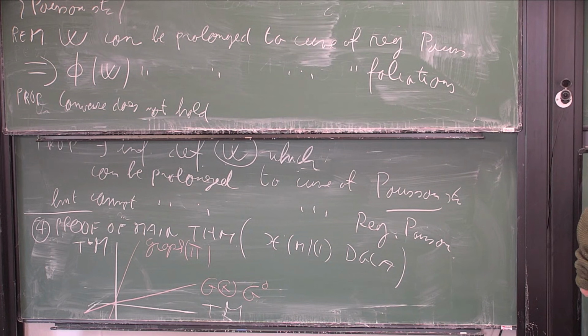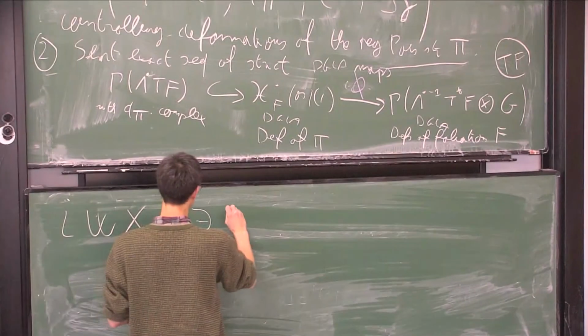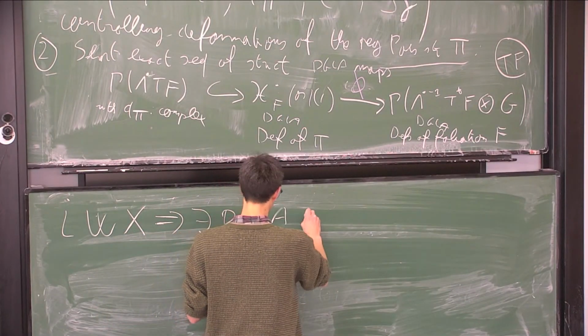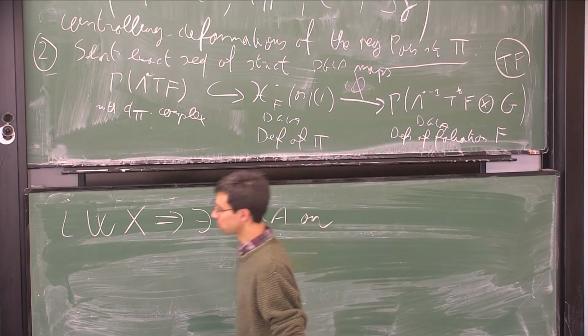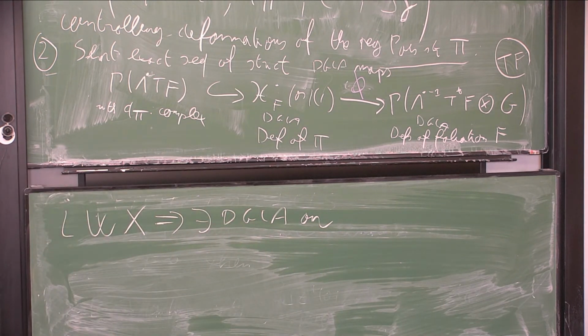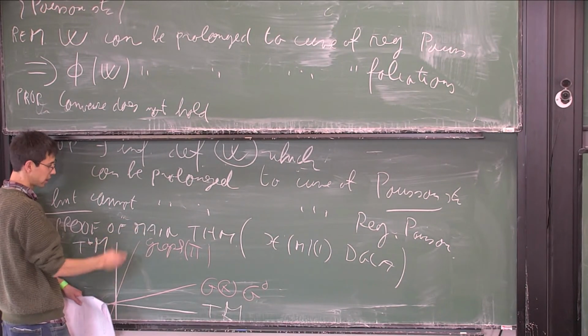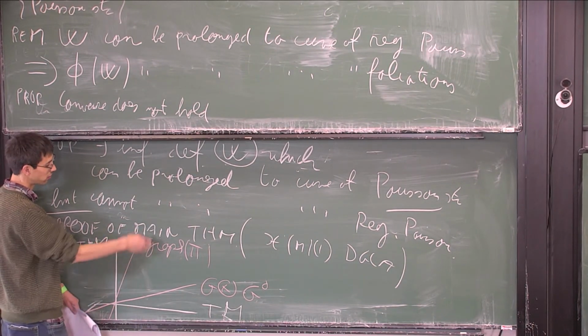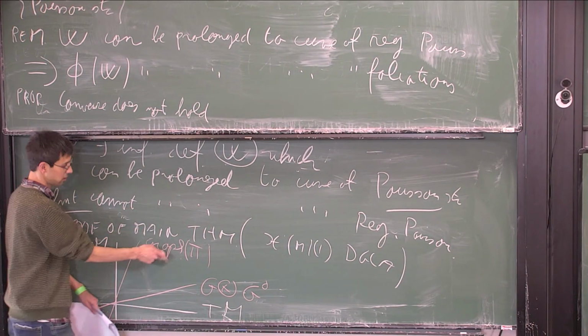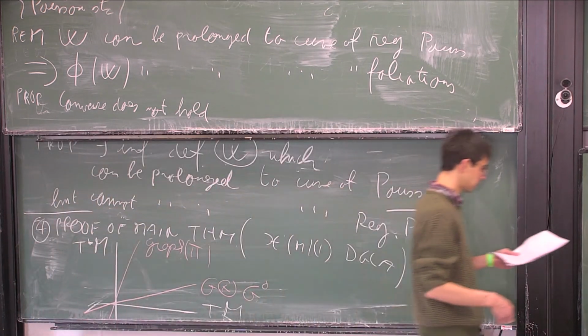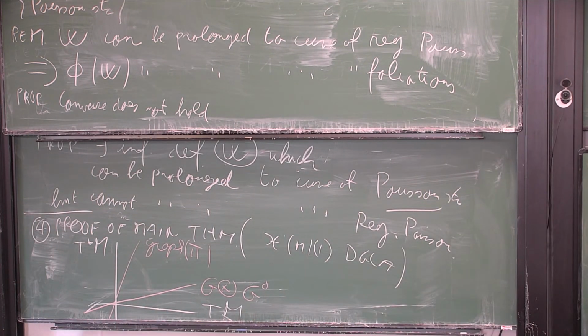So Liu, Weinstein, and Xu showed that there exists a DGLA structure on the differential forms of the Lie algebroid. Well, this is a Lie algebroid, right? The Dirac structure in particular is a Lie algebroid. So on the Lie algebroid differential forms, which governs the deformations of the Dirac structure.